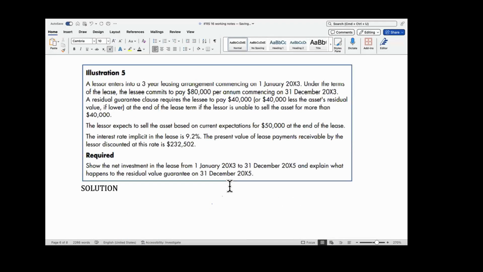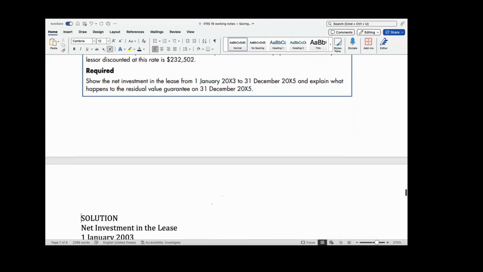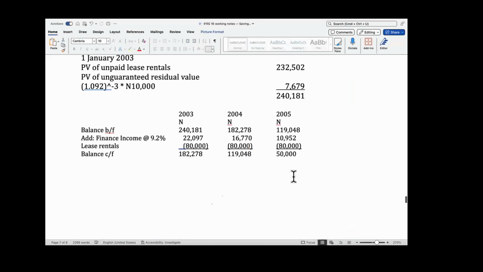So I've done that. So the question is asking us to explain what happens to the residual value guarantee. Okay. Let's see what happens to it.